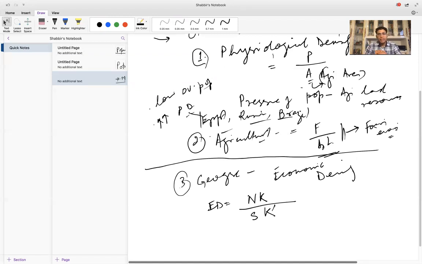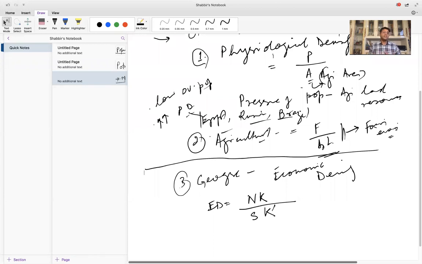Please write down while I speak. K is the quantity of resources produced per square kilometer. S is the area in square kilometers. And K dash is the per capita quantity of requirements.